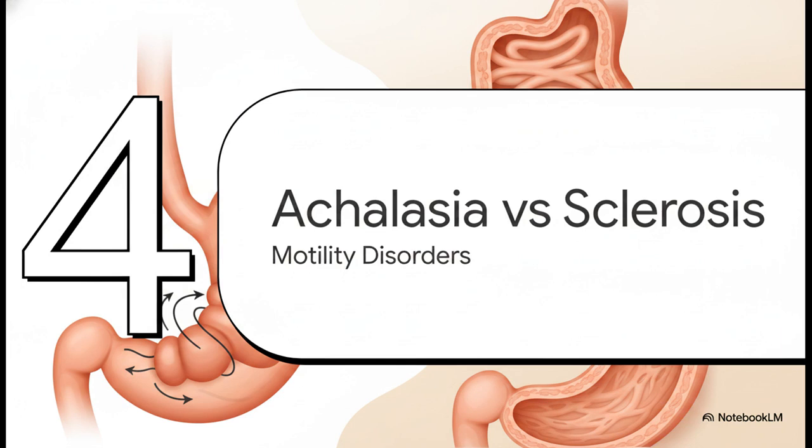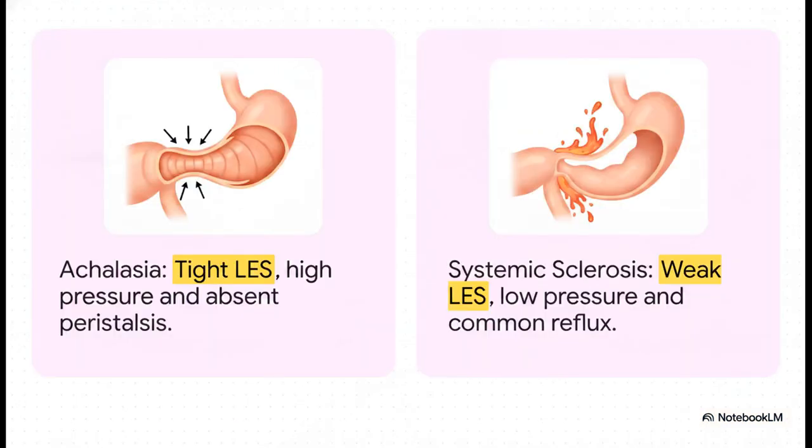Section 4. Achalasia versus systemic sclerosis. Let's pit two notorious motility disorders head-to-head. There is a fascinating physiological paradox between these two. Since they're both motility disorders, both cause trouble with solids and liquids right from the start. But the difference is all in the lower esophageal sphincter, the LES.